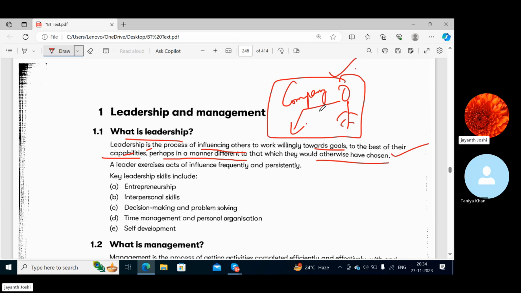So leadership is the process of influencing others to work willingly towards the goals. What they would not have done, they are doing the task with a wholehearted and honest approach. That is what leadership is all about.